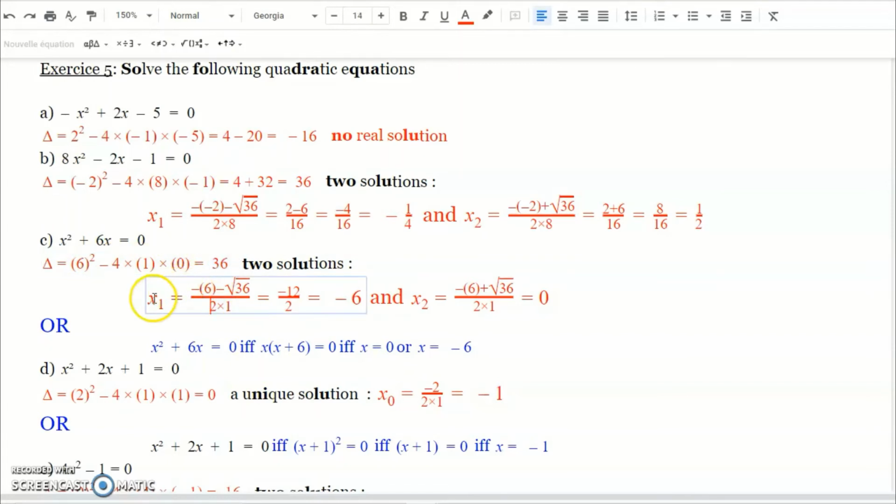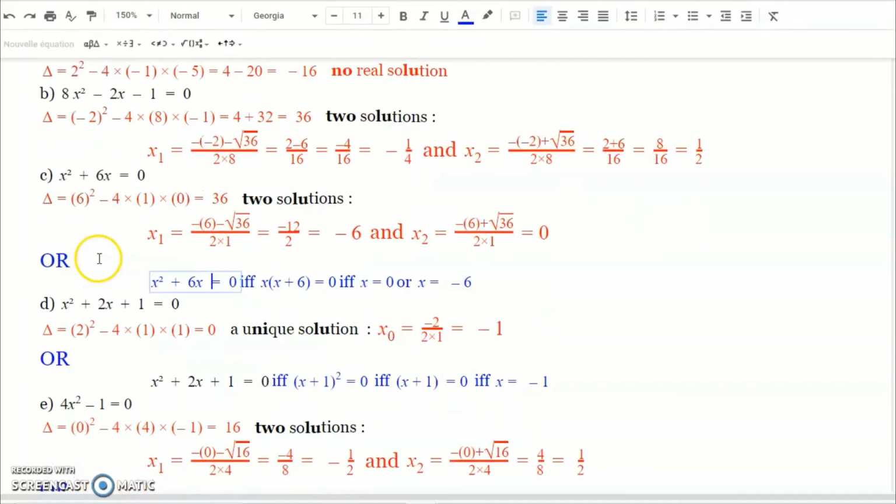We have two solutions because 36 is positive. x1 is minus b minus square root of delta over 2a, so this is minus 6. And x2 is equal to 0 because minus 6 plus 6 is equal to 0. So the two solutions are negative 6 and 0.